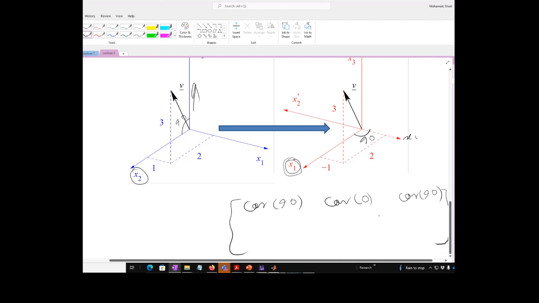Now we repeat the same thing for the whole coordinate system. For cos 90, this is going to be 0, this is going to be 1, and this is going to be 0, right? And you repeat the same thing.